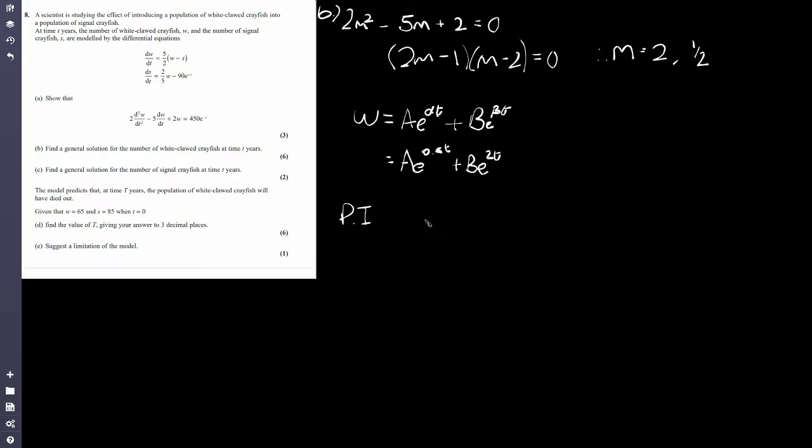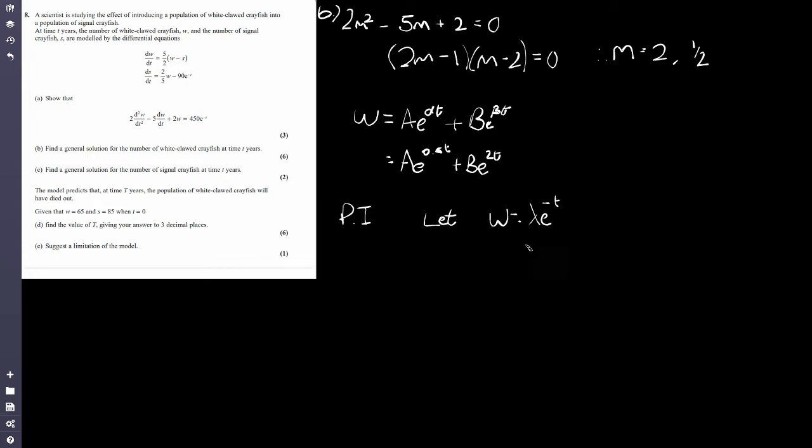So let w be equal to lambda e to the minus t. Again, this lambda can be k, y, whatever letter you want, but I'm just going to use lambda here.